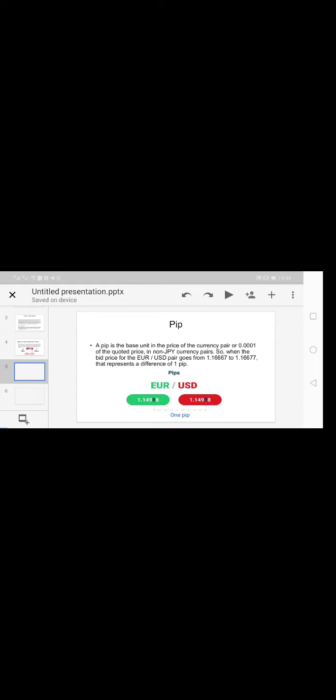When you're talking about a pip, it is the base unit in the price of a currency pair, 0.0001. This is how you profit in the forex market. In a non-JPY currency pair, when the bid price for the EUR/USD pair goes from 1.1667 to 1.1677, we'll see the difference is one pip.